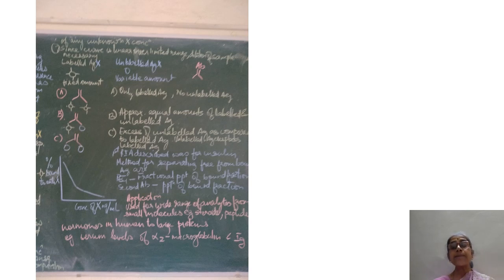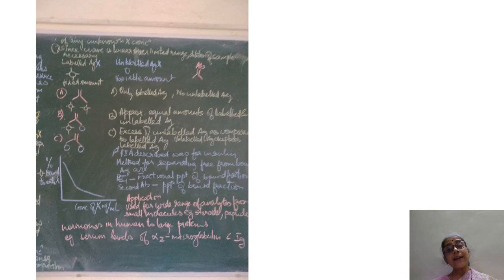In the second step, equal amounts of labeled and unlabeled antigen are taken. Here the unlabeled antigen is a standard. So 50% of the labeled antigen will be displaced by unlabeled antigen. So now the antigen antibody complex will show a 50% lesser amount of radioactivity.